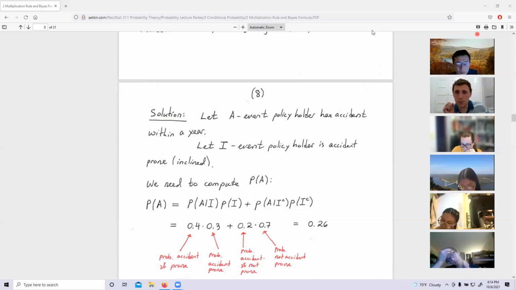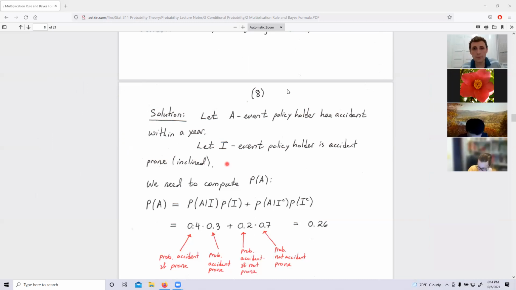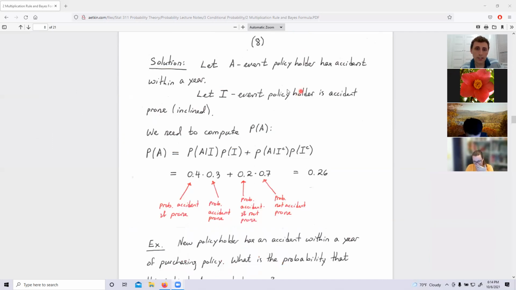So you understand the logic, yes? What I did is I just considered intersection, and in this situation, it's easy to evaluate probabilities relative to a situation. So for the population of accident-prone people separately, and then this is a sort of weighted average between them. Where did I get 0.2?